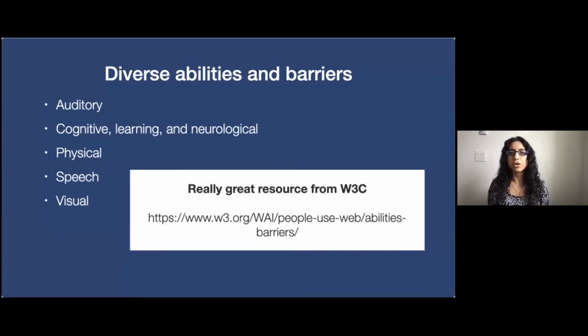I'm not going to go into too much detail on this topic, but the main thing to note is that when you're designing for accessibility, there are a wide range of abilities and disabilities to consider. Everybody's unique and doing things a little bit differently. This includes people who are using assistive technologies. An assistive technology is software or hardware that people with disabilities use to improve interaction with the web.